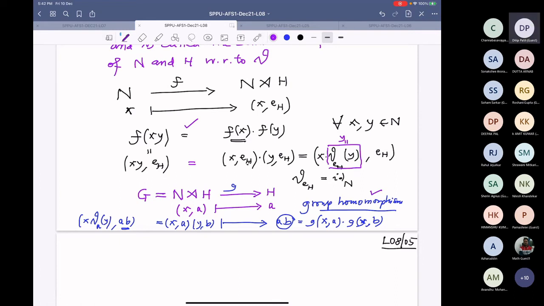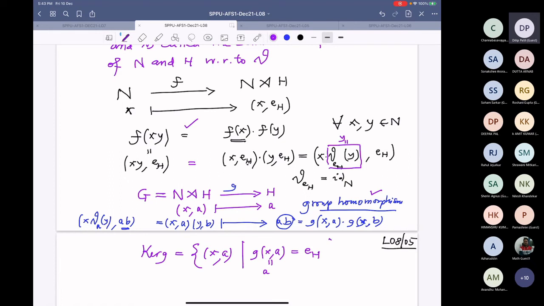And what is the kernel? The kernel is whoever goes to identity there. So the kernel of g is precisely all those elements (x, a) such that g of (x, a) is identity in H, but this is precisely a by definition.